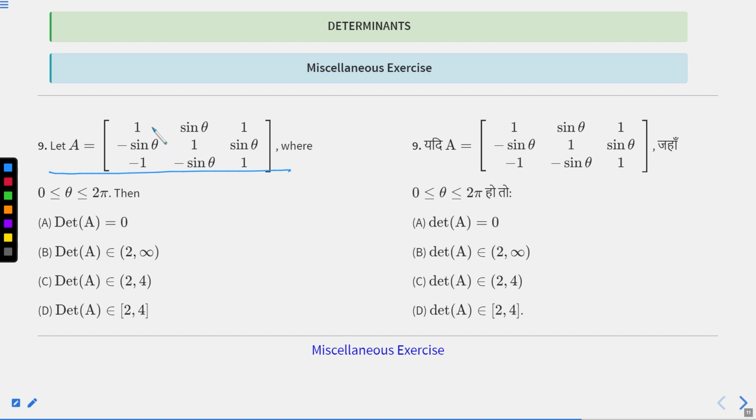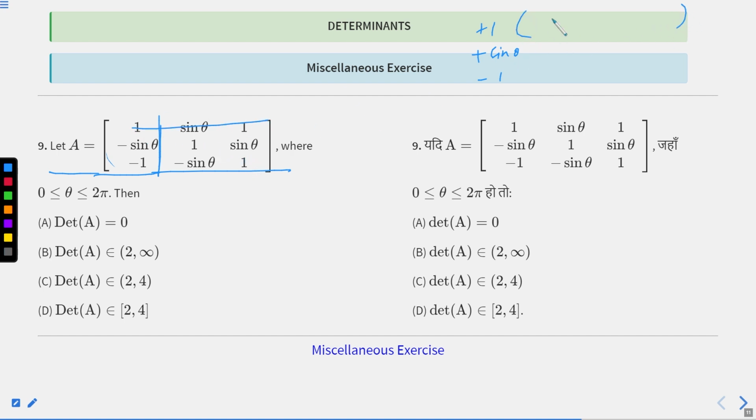The main thing, I'm going to expand and find the determinant using the conventional method, along with this column. So plus 1, minus sine theta will be plus sine theta, and plus of this will be this thing. Now eliminate this.